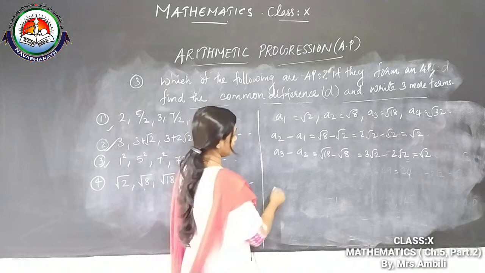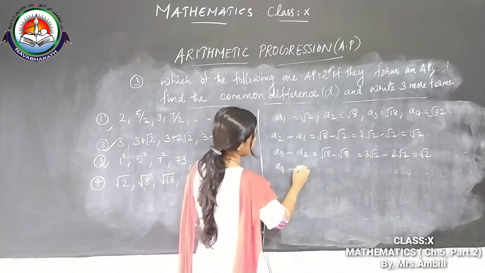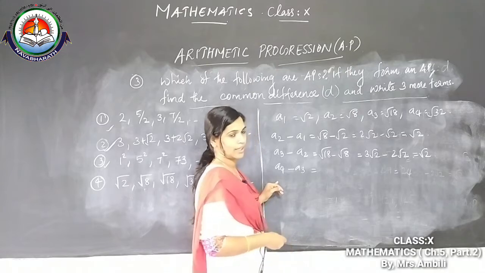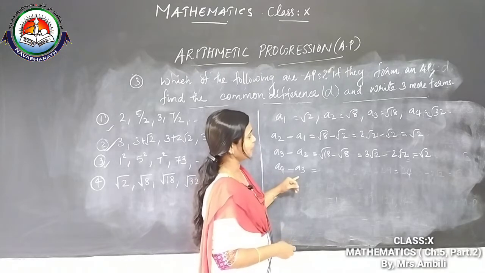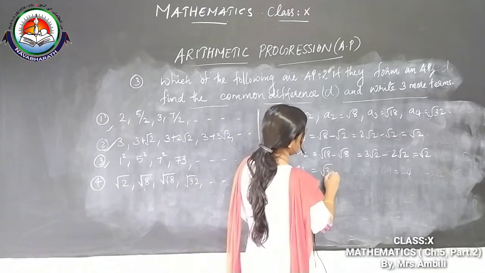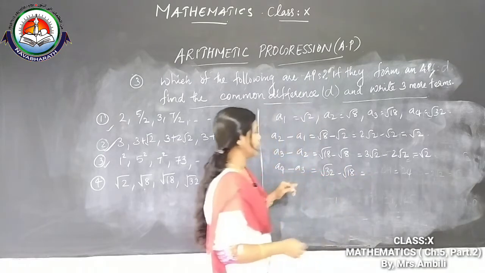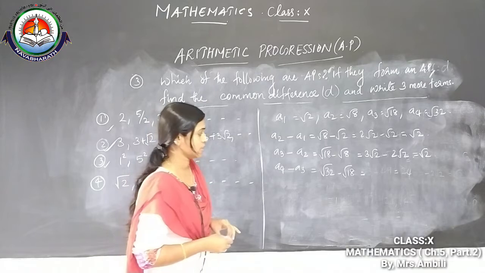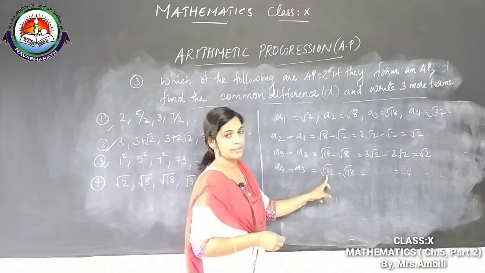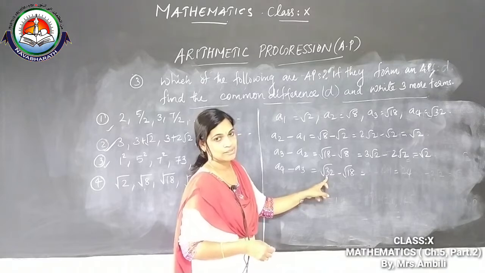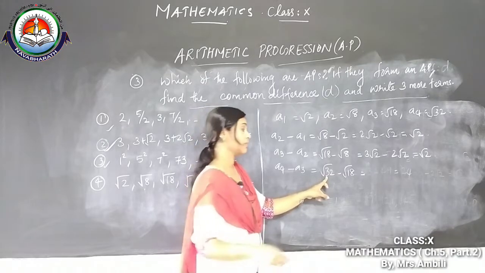Okay. The next, A4 minus A3. I think every question we are getting AP. A4 minus A3 means root 32 minus root 18. Root 32 how can we change? 16 into 2. Root 16 is 4.